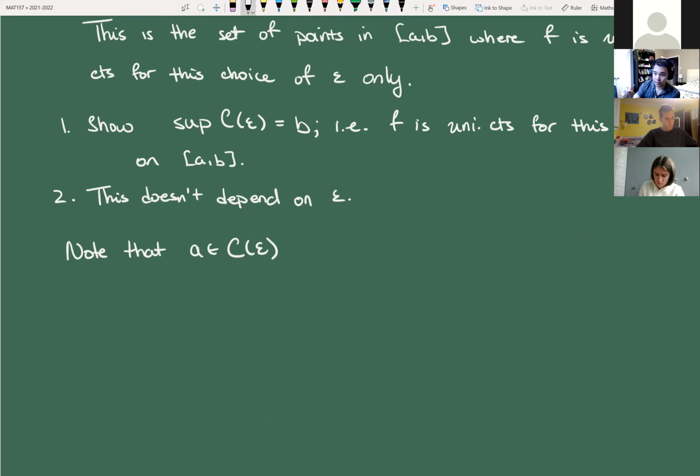The singleton a, the function is continuous at a, therefore it's uniformly continuous on the interval [a, a]. It's kind of dumb, but yeah, it does work. a is in C sub epsilon. It's quote unquote uniformly continuous at the singleton because it's continuous there, i.e. there is one delta which works. So a is in here and b is an upper bound.